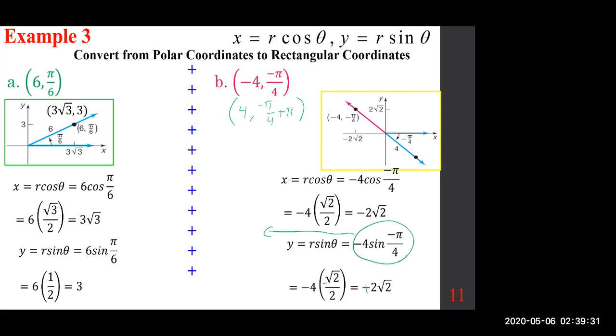This is the same as negative 4 times negative sine of pi over 4. Why is that? Because sine is an odd function, class. That's why. And so the pair has coordinates negative 2 square root of 2, comma, positive 2 square root of 2. Again, I hope you see everything comes together.